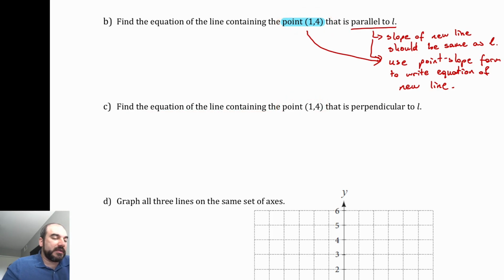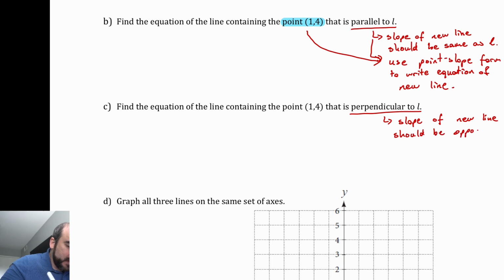It's the same point as part B. So the difference in part C is that we want the new line to be perpendicular to L. So if we want the new line to be perpendicular to L, the slope of the new line should be the opposite reciprocal of L. Right, so whatever slope we found in part A, we find the opposite reciprocal of that, and that's the slope we're going to use for part C, because it says perpendicular. And then the point is the same.